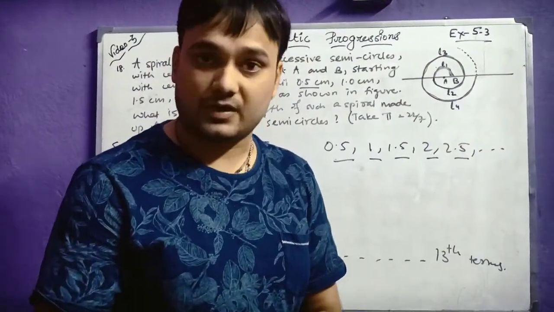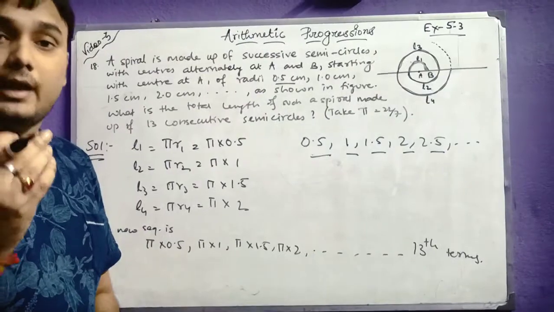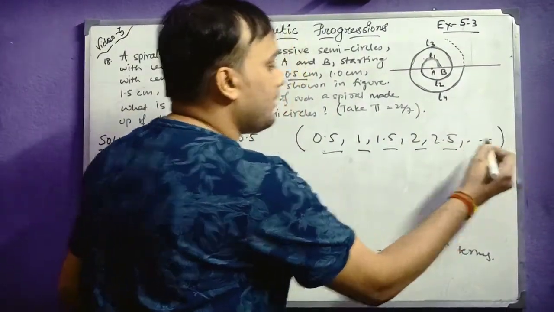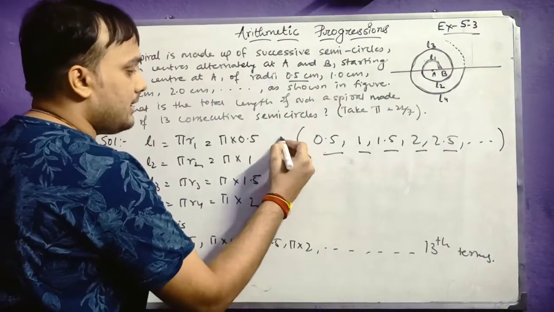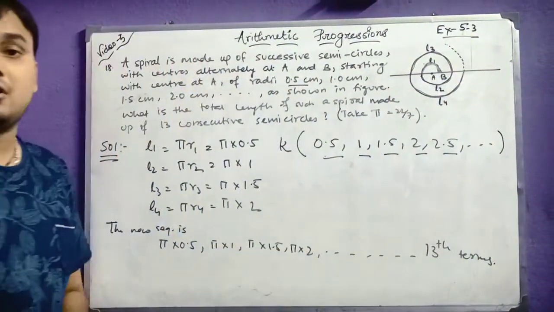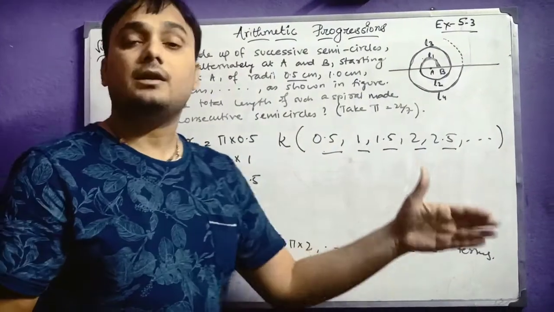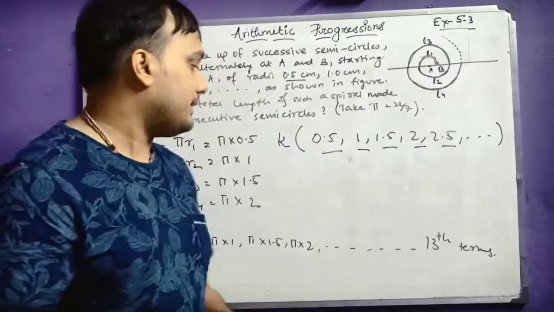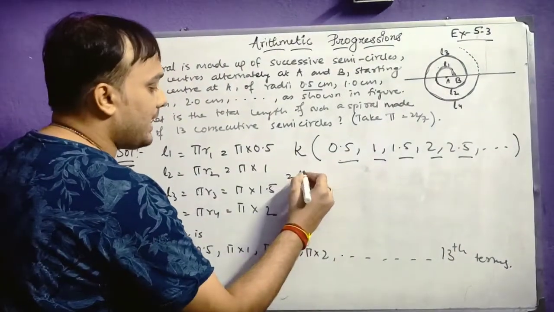that is 0.5. Now there is a property of AP that if I multiply any sequence with any particular constant, then the resultant new sequence will also be an AP itself. And that constant is pi here.